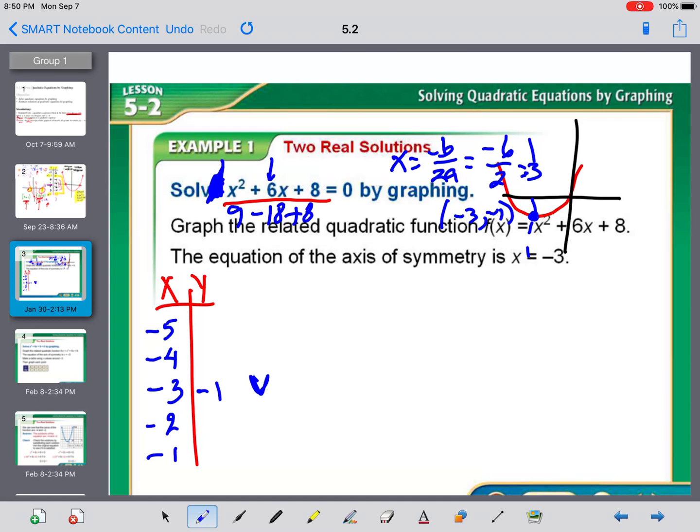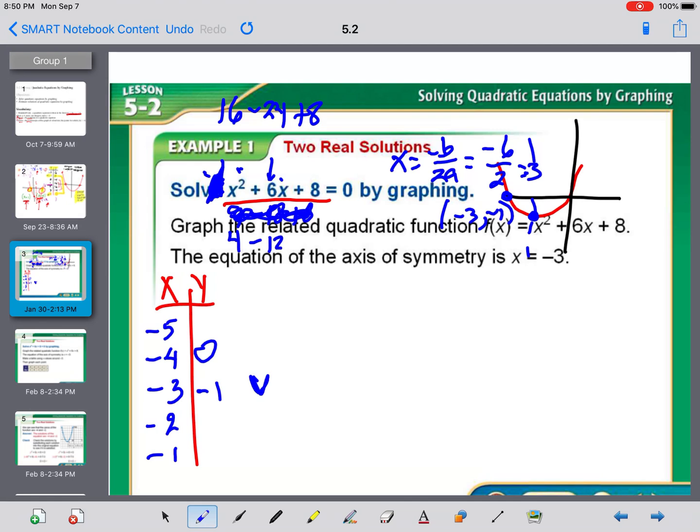So my vertex is right here at negative 3, negative 1. We'll see if I'm right shortly. So negative 4, when I put the negative 4 in here, I get 16. Put the negative 4 in here, I get minus 24 plus 8, which happens to be 0. So that means this 0 is at negative 4.